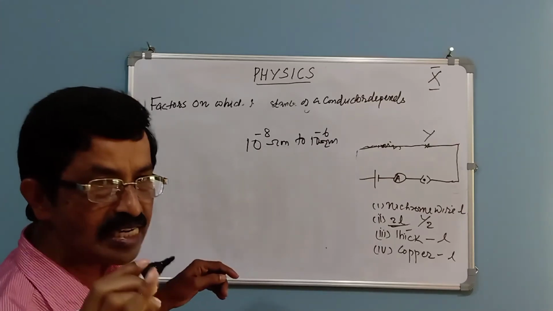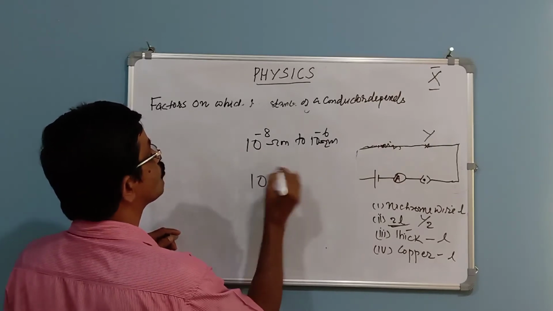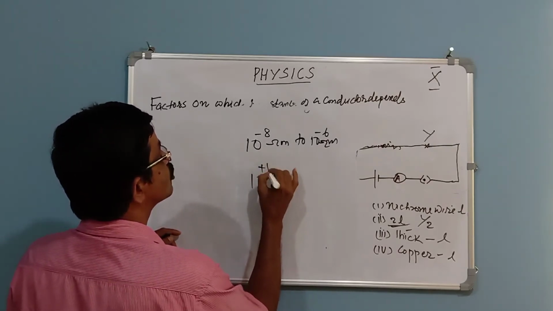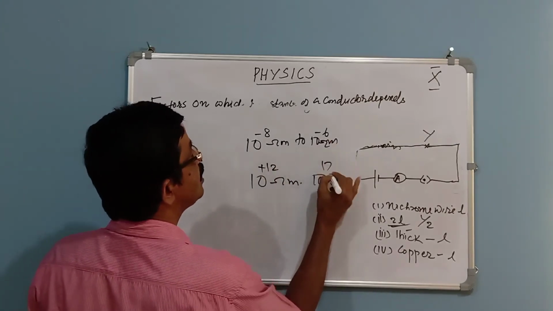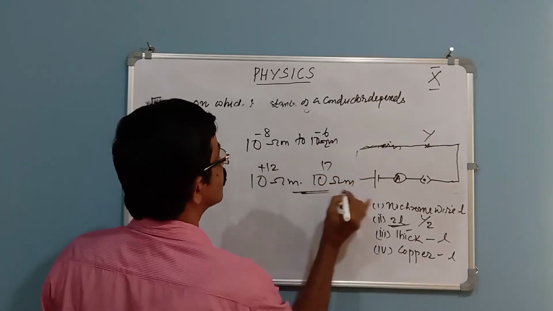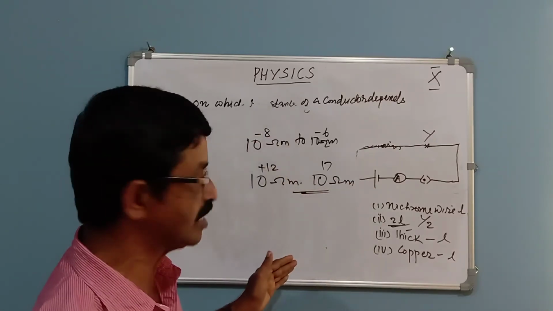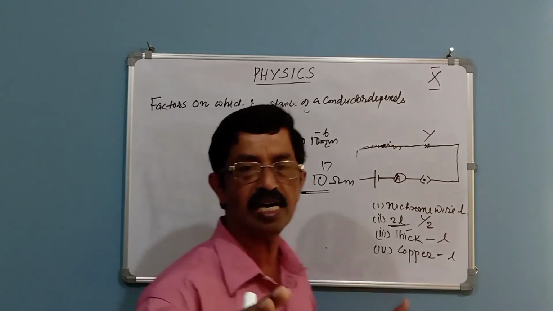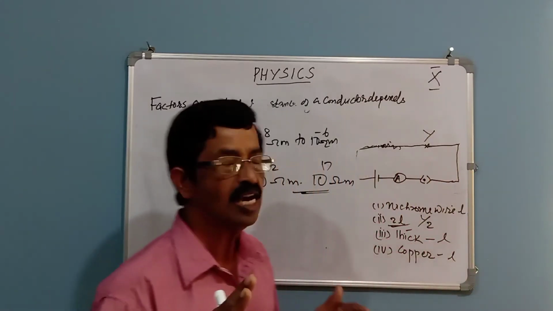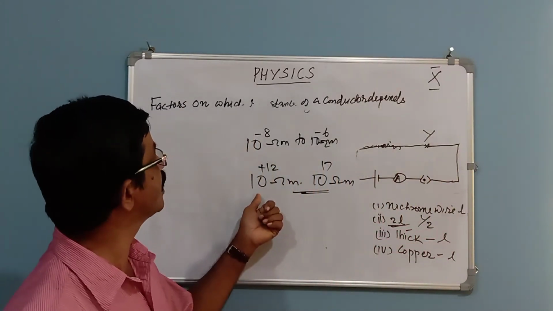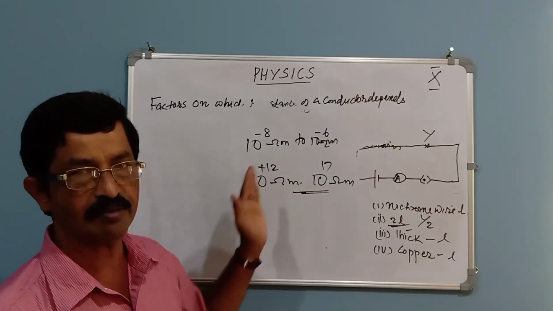But for materials like glass, rubber, etc., the resistivity varies from 10 raised to 12 ohm meter to 10 raised to 17 ohm meter. So these act as insulators. Metals are good conductors because their resistivity is low, but glass, rubber, etc. are insulators because their resistivity is very high.